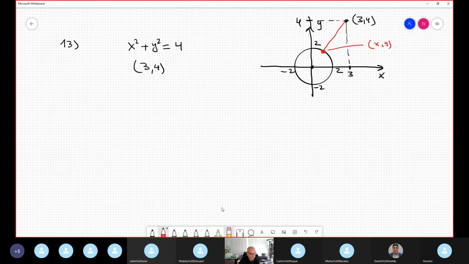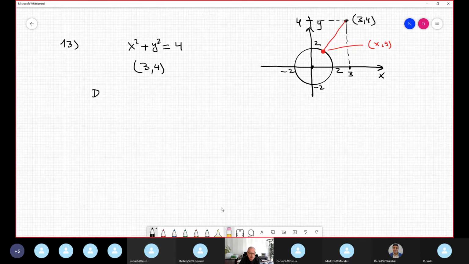So, minimize the distance between one circle and one point. This is the challenge. The objective function is the function that I want to minimize or maximize, which is the distance.